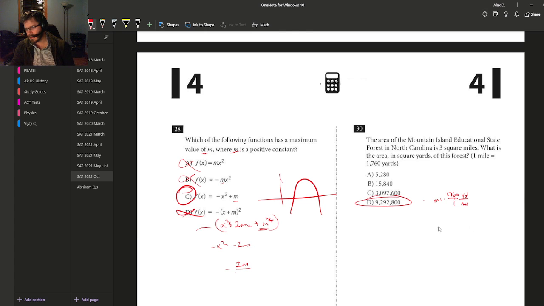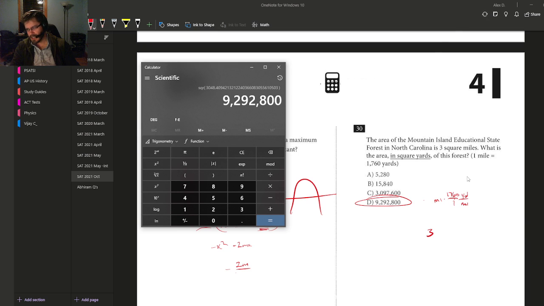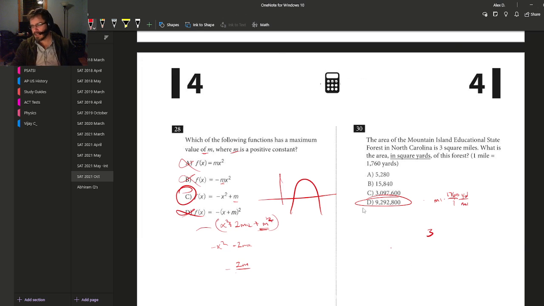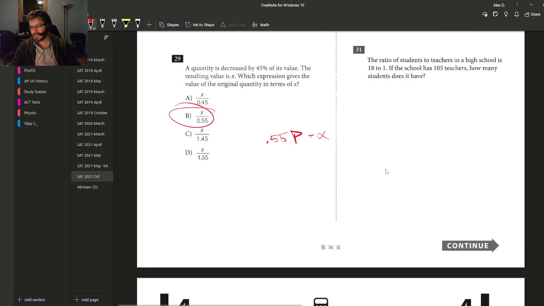Let's see what it looks like if we just do the straight conversion. If I have 3 square miles times 1760 yards, 1760 times 1760, it's already that times 3 gets you the same thing. Alright, so it worked out either way. Just make sure that you square your units.